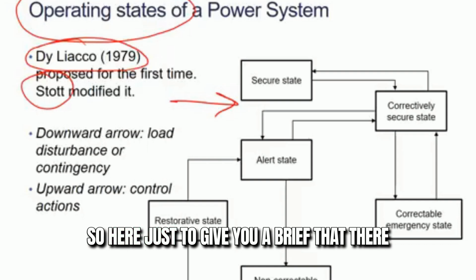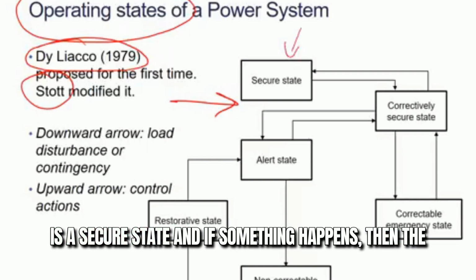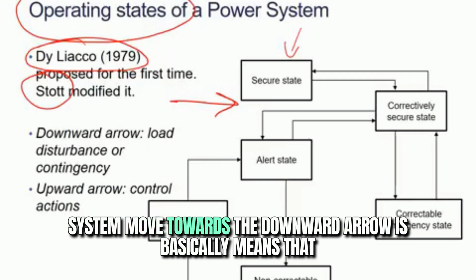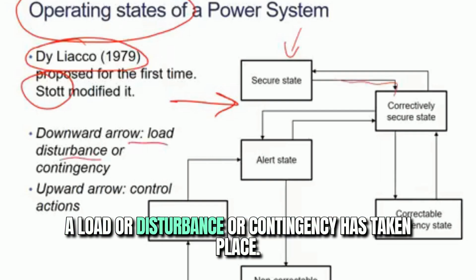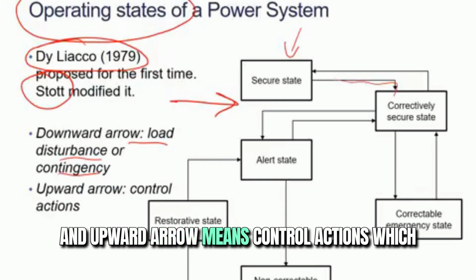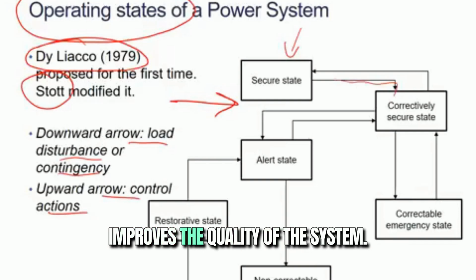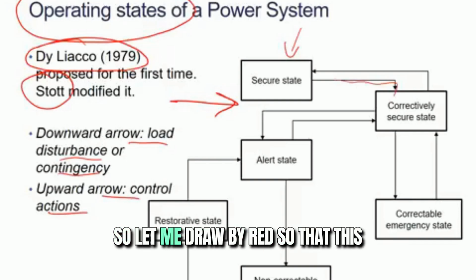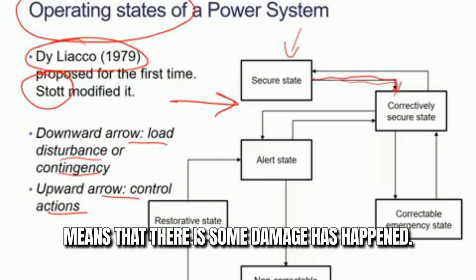Just to give you a brief overview, there is a secure state, and if something happens, the system moves towards the downward arrow, which means that a load, disturbance or contingency has taken place. An upward arrow means control actions which improve the quality of the system. Let me draw in red, so that this means some damage has happened.